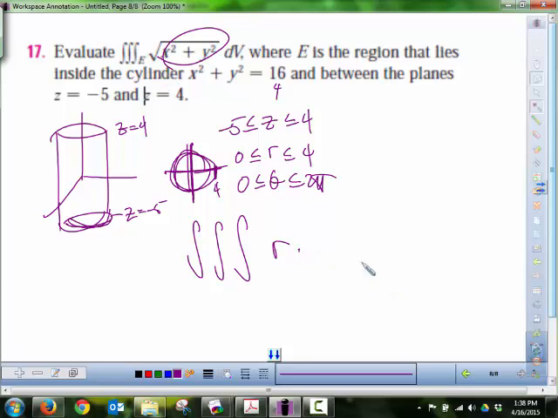So having said that, don't forget that your dV is also carrying another r. And then you can write down your integral. So z goes from -5 to 4, r goes from 0 to 4, and theta goes from 0 to 2 pi.